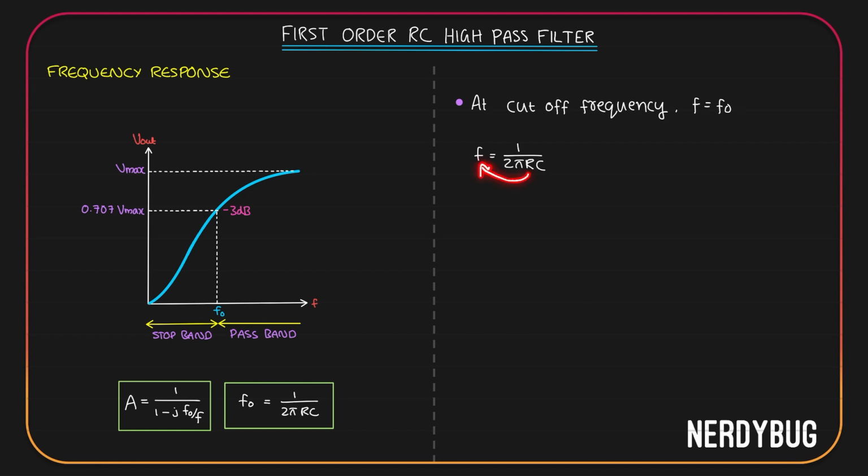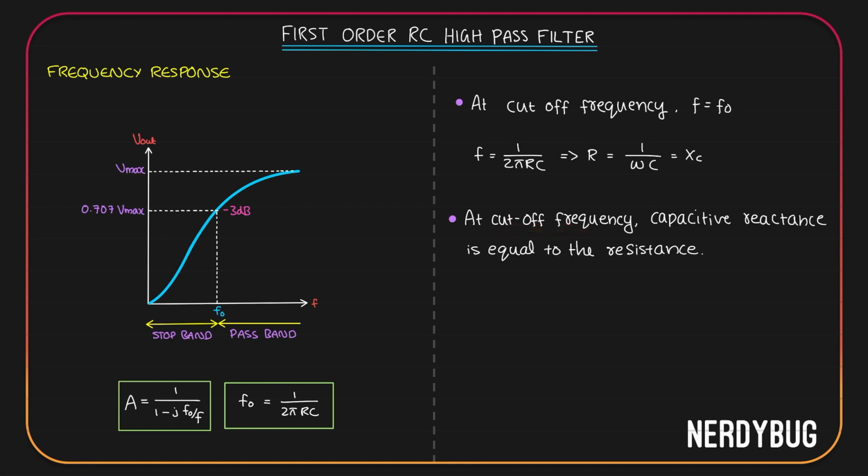Take R to the left hand side and F to the right hand side. Then we get R is equal to 1 by 2 pi FC. 2 pi F is omega. Let us replace it by that. Now 1 by omega C is Xc, the reactance of our capacitor. So we can say at cutoff frequency, capacitive reactance is equal to the resistance.